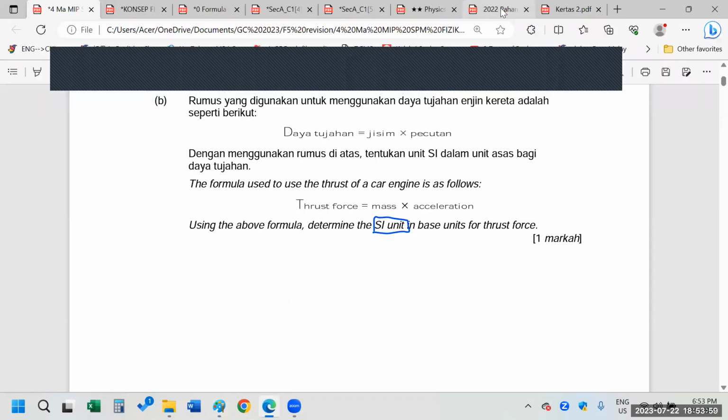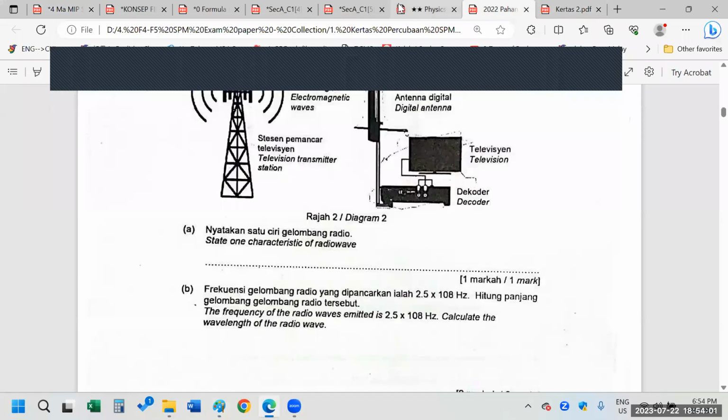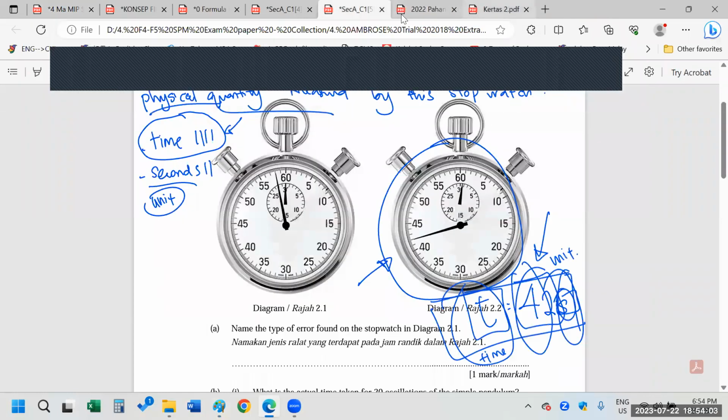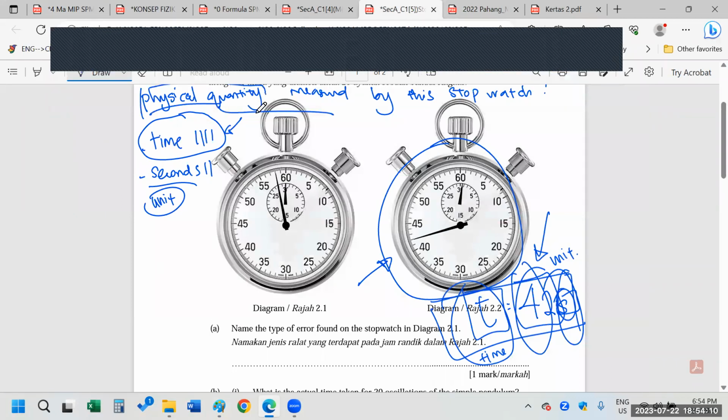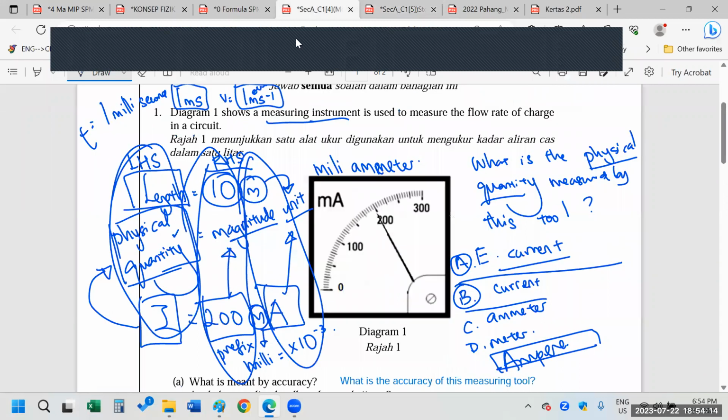Most of them give me the answer second, since here there is a second. When asked for the physical quantity, they will answer second. Like, if it is meter, then they answer ampere. Okay, so the physical quantity is actually electrical current, or current, right?